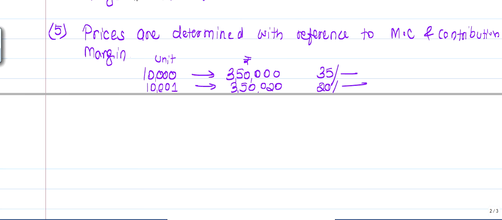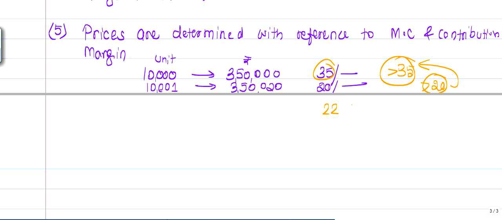So when you sell the earlier product, it should be more than 35, your MRP. But when you sell this new product, you can sell at a cheaper price. No need to be 35, it can be 22, or 28, or 30, or 35, or more than 35.